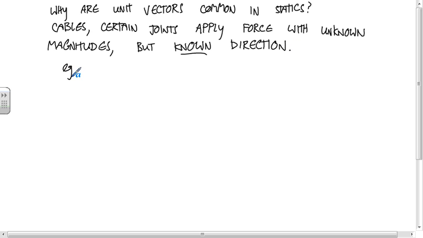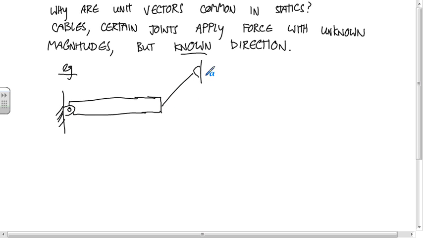So for example, say that we had this big beam connected to the wall by a pin joint. And over on this side, it's connected to another wall by a cable.